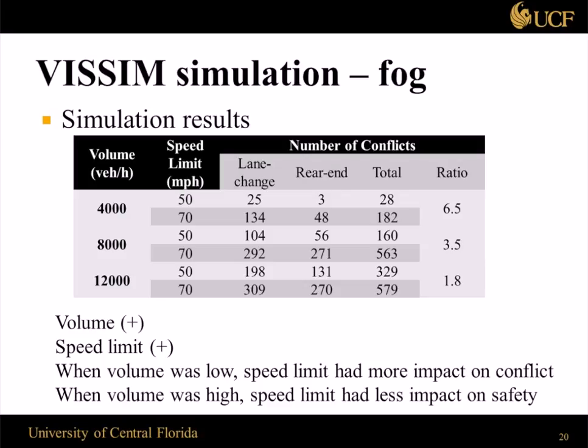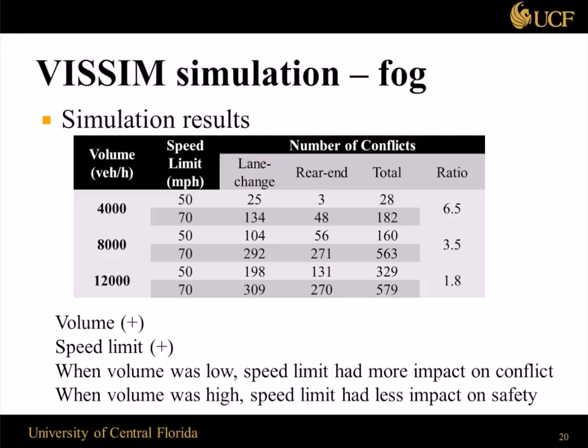It shows when the volume and the speed limit increase, the conflict number increases. And when the volume was low, the speed limit had more impact on conflicts. See, when the volume was 4,000 vehicles per hour and the speed limit is 70 miles per hour, the total conflict is 60.5 times the conflict when the speed limit is 50.